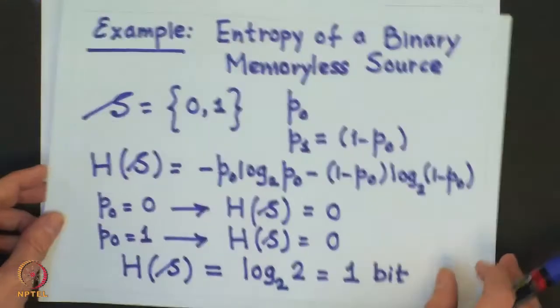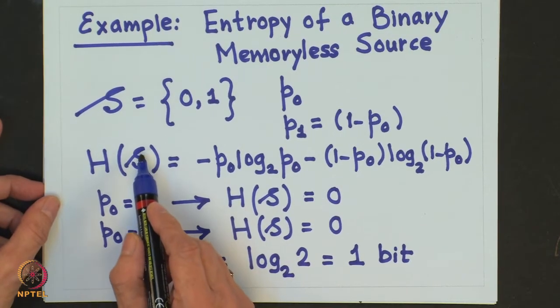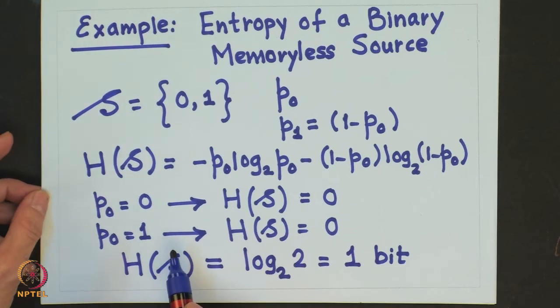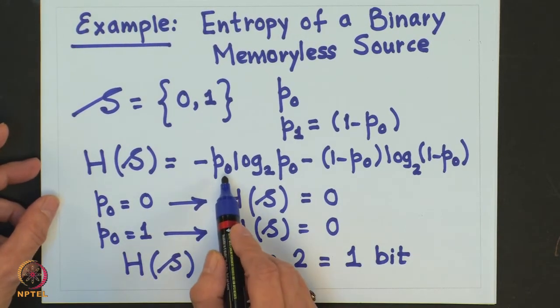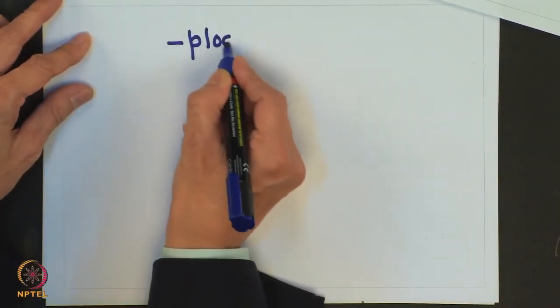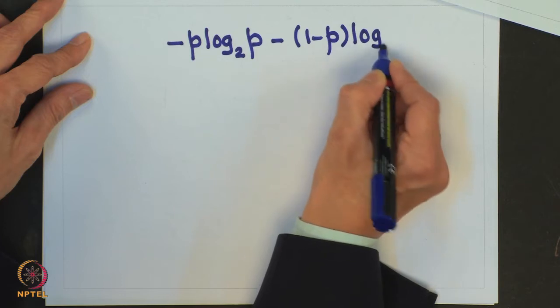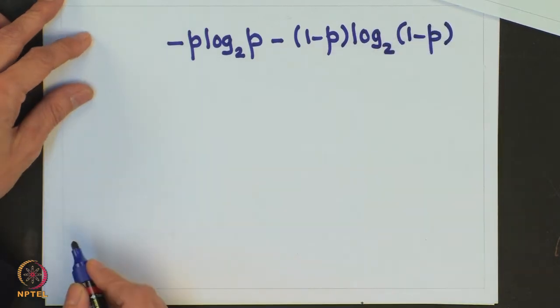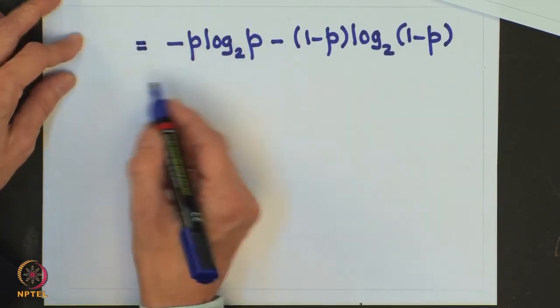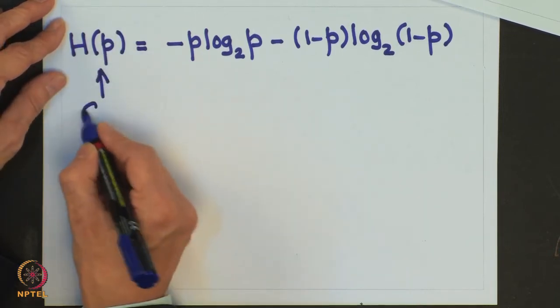Now, in information theory literature, we come across one function which is very closely related to the expression given by the entropy of a binary memoryless source, in the sense that if I assume P0 to be a variable P, I can write this expression as minus P log to the base 2 P minus 1 minus P log to the base 2 of 1 minus P. Now, when I do this, this is known as the entropy function.